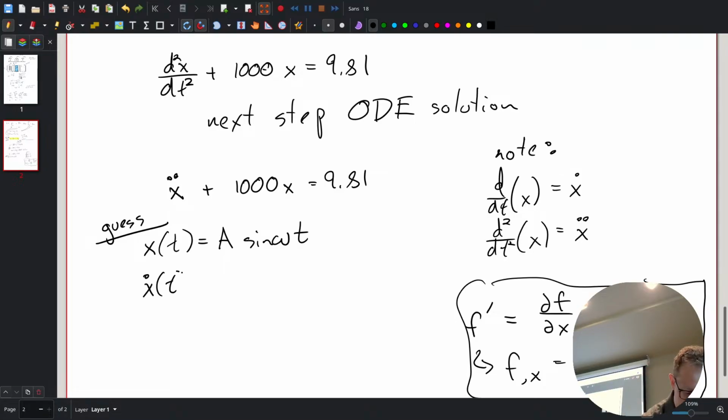So what is the derivative of A sine omega t? A is a constant, omega is a constant. We don't know what they are yet, but we can try to figure it out. Something with cosine. It'll still be like A cosine omega t, right? Is the A gone?